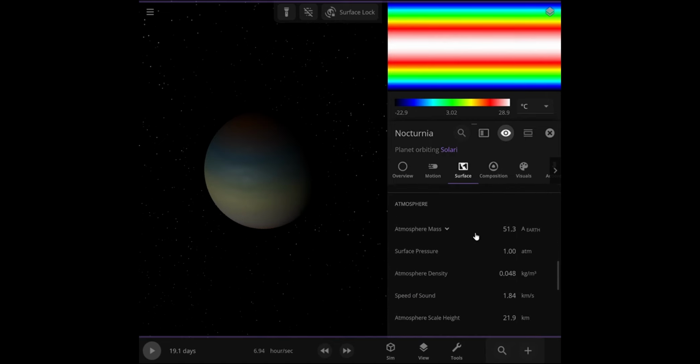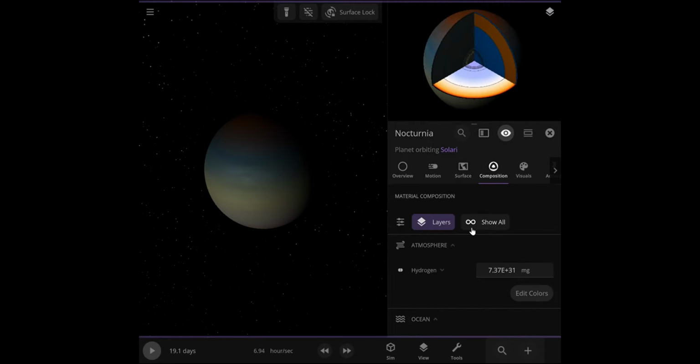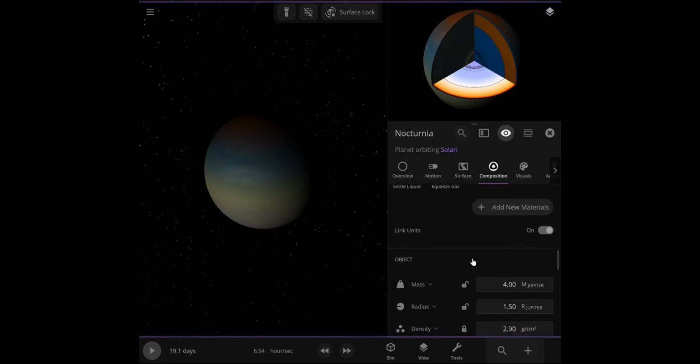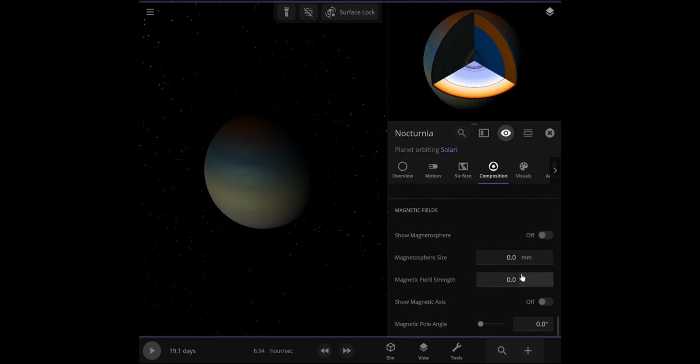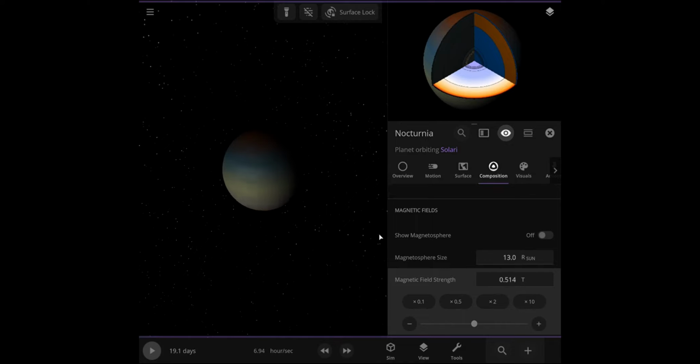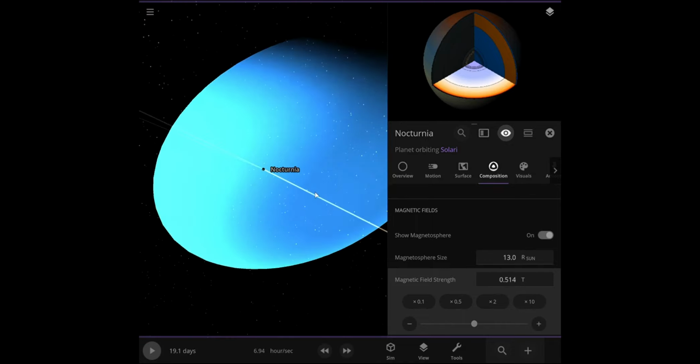So yeah, and now it's time to get the magnetosphere, which will be in Teslas, because gas giants have stronger magnetospheres than rocky planets. This one has 0.514 Teslas, and it's pretty big.